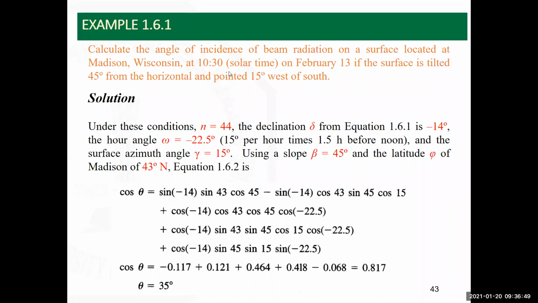You may just look at the internet, or you can find it. It should be a value that would be given otherwise. The latitude of Wisconsin-Madison is 43 north. Accordingly, you substitute here, where the angles are given in degrees. And then you can see that on the 13th of February at 10:30 in the morning, the angle of incidence is 35.